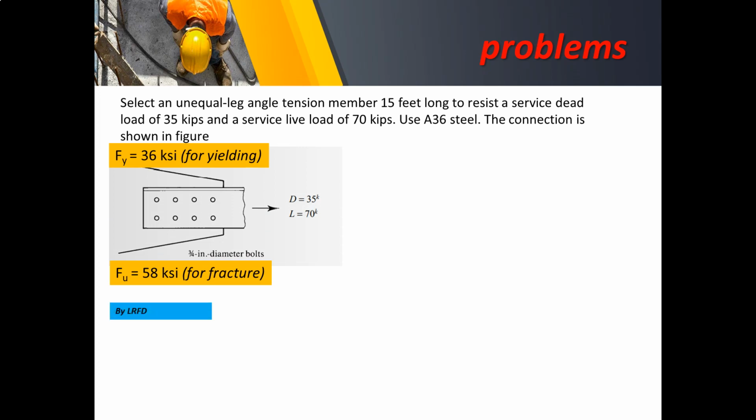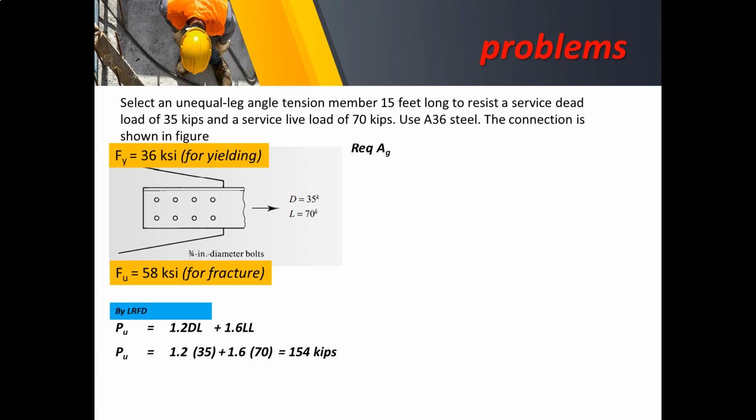Of course, LRFD first. We get the factored load, PU, by the combination. Okay, substitute the values. 35 for dead load and 70 for live load. That will be equal to 154 kips.